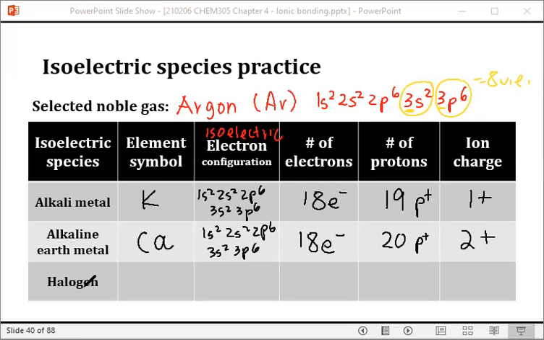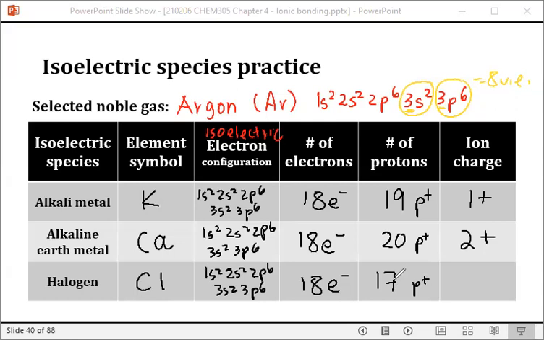Now the closest halogen to argon is chlorine. Chlorine is 1 box away from argon, just to the left of it. So when chlorine is isoelectronic with argon, it's going to have the same electron configuration, which means it will also have 18 electrons, but chlorine has 17 protons.